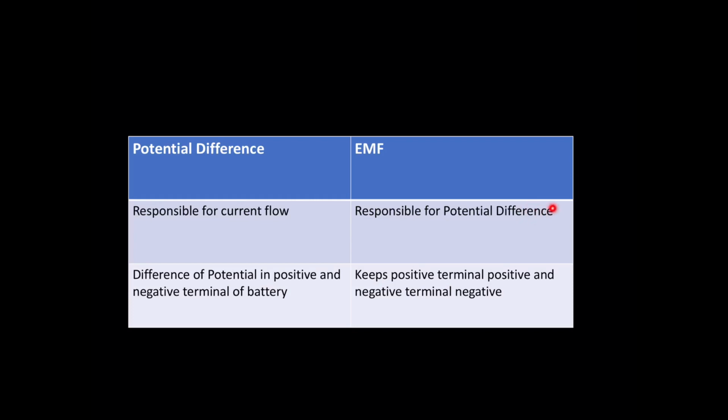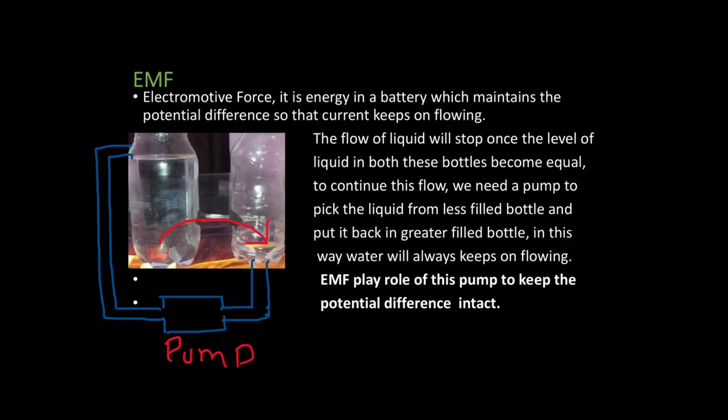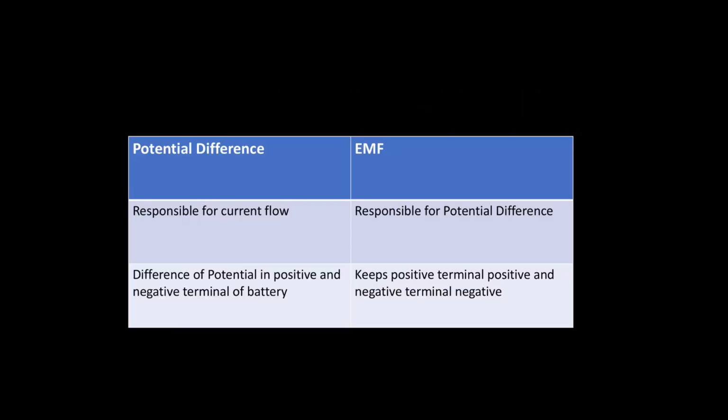This is the function of EMF. And second, the difference of potential between the positive and negative terminals of the battery is the potential difference. To keep the positive terminal positive and the negative terminal negative is EMF. So basically EMF is the cause of potential difference and potential difference is the cause of the flow of current.